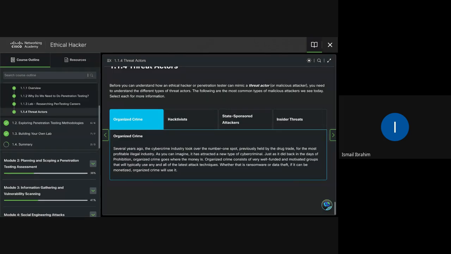But an insider actor can also be accidental, because access controls that are not implemented properly can also lead to insider threats. I don't really think the word accidental is what you want to use. Maybe there is no proper awareness. Yeah, proper awareness. Thank you.